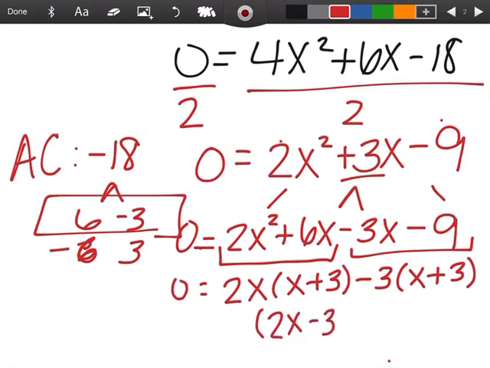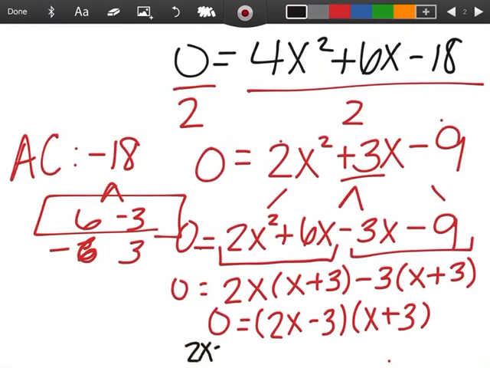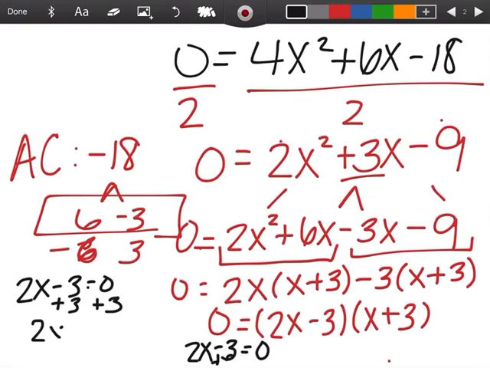So then I get 2x minus 3 times x plus 3 equals 0. So when does 2x minus 3 equal 0? Well, I add 3 to both sides. 2x equals 3. x equals 3 halves is one answer.